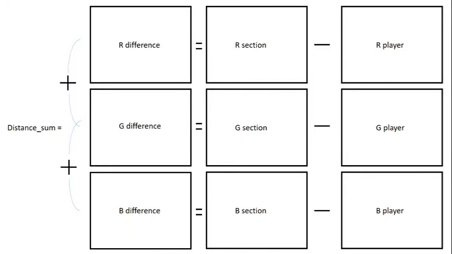We sum together all the elements of these three matrices, so that we only get one number named distance sum. And remember, there's going to be as many distance sum numbers as many sections that we have taken out of the yellow window. Because for each section that we take, a new distance sum will be calculated.